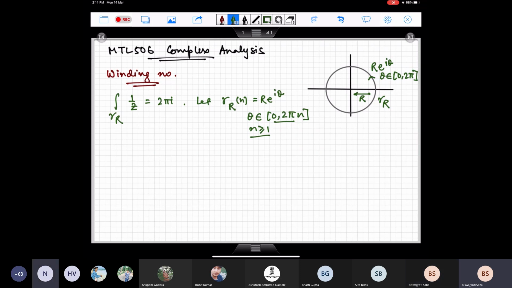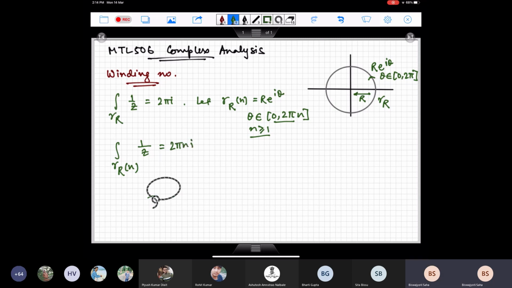Yes, sir. Now, can you just do the integral and tell me what would be the integral over gamma r n of 1 upon z? What will be the integral? 2 pi n i.